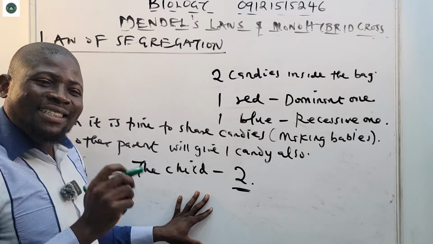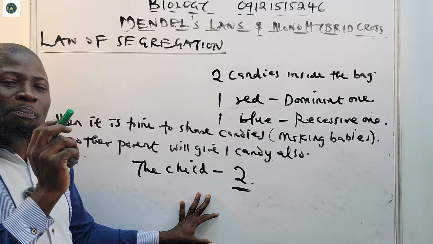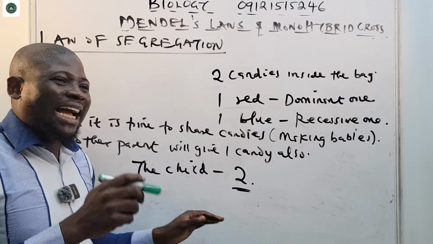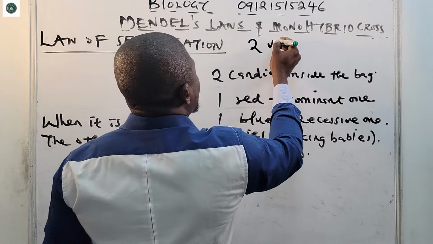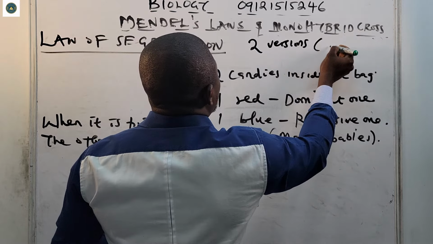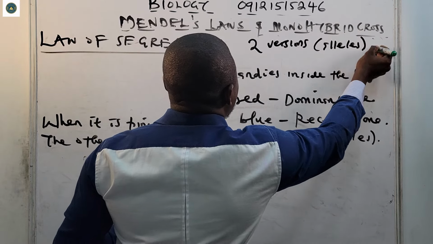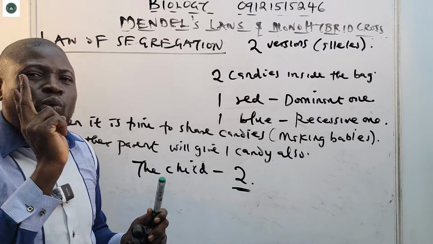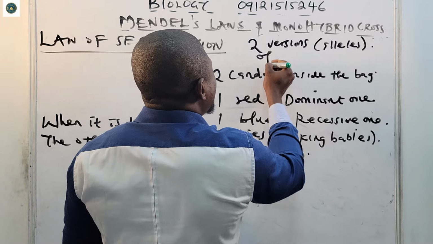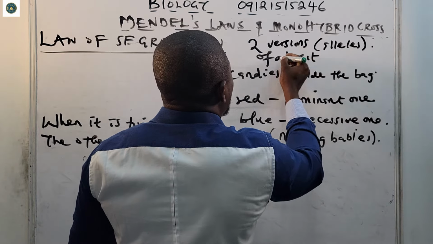What this means in science is that every parent has 2 versions, or what we call alleles, of a particular trait.